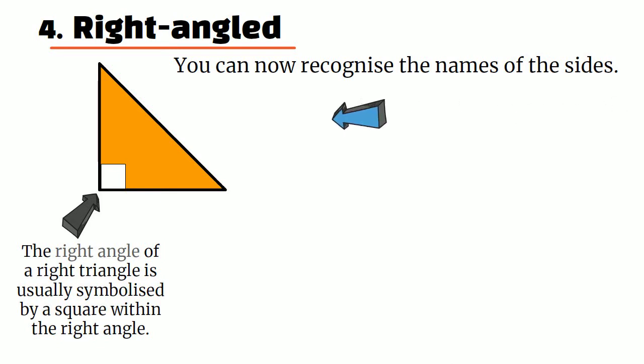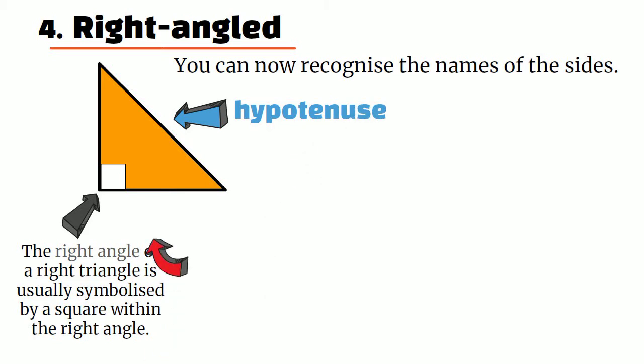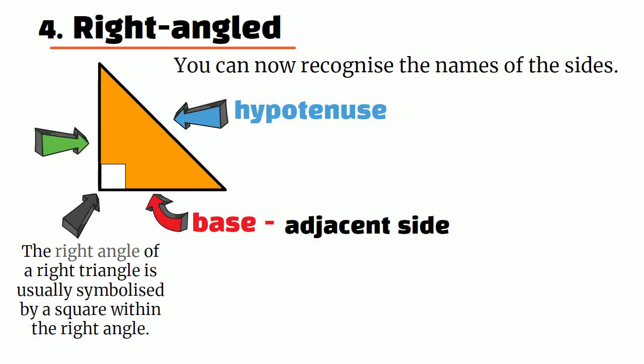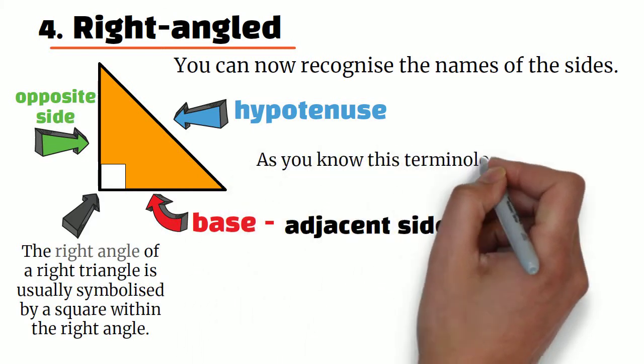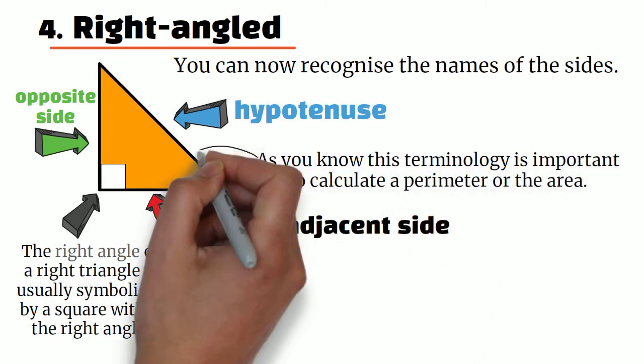The side opposite the right angle is called hypotenuse. The side that is also the base of the triangle is called adjacent side, and the third one is called the opposite side. As you know, this terminology is important to calculate a perimeter or the area.